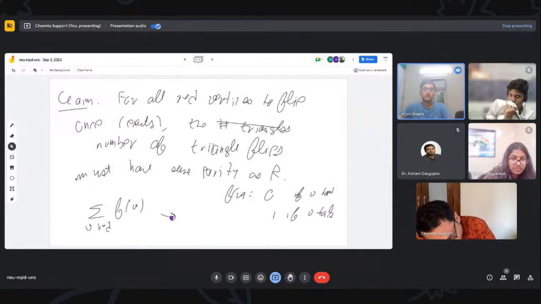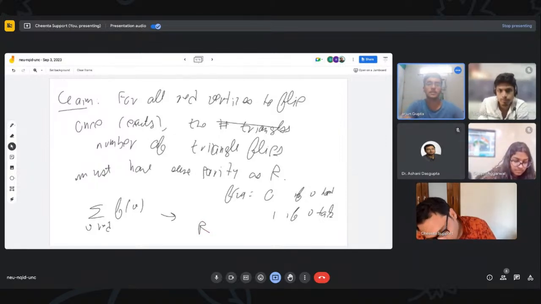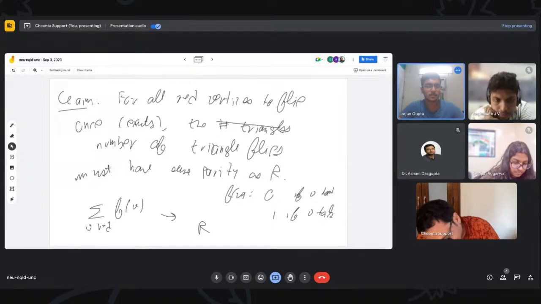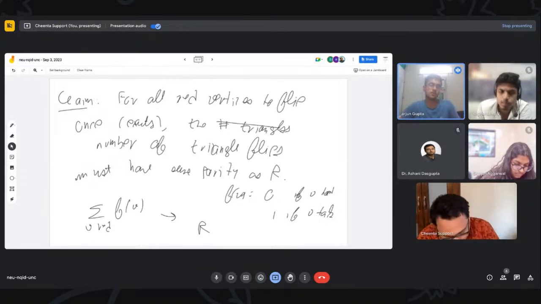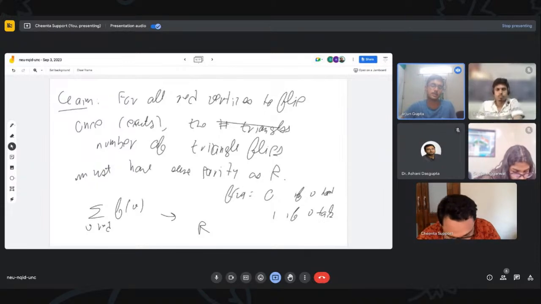So the parity of this summation changes, and at the end of the day, the parity of this summation should be R. So the number of flips should have the same parity as R. I think this is a quite simple enough proof. So the number of triangle flips has the same parity as all of R, B and yellow. So all of R, B and yellow must have the same parity.